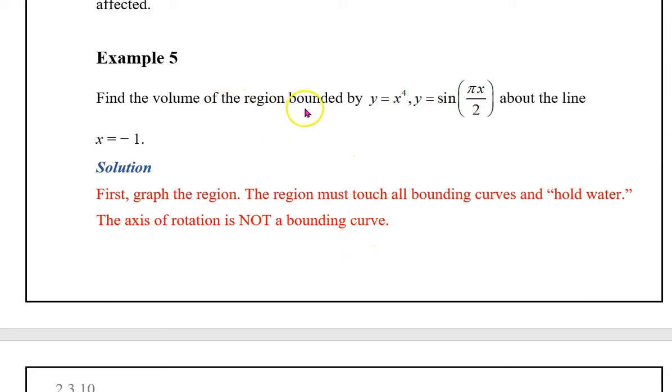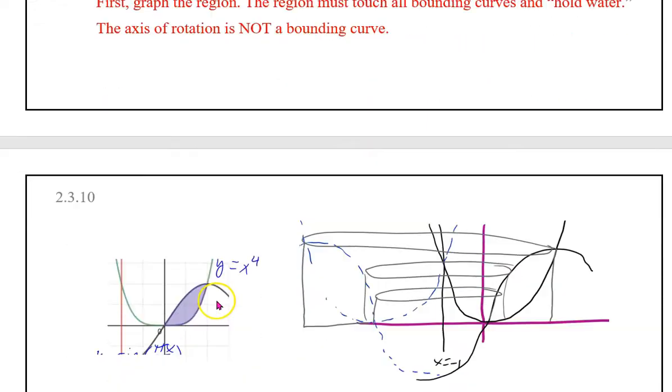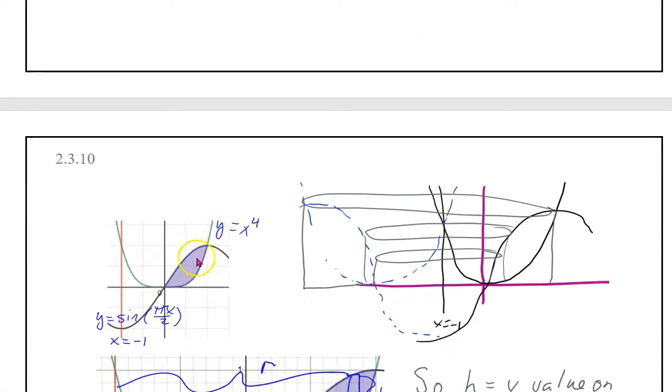We want the volume of the region bounded by these two curves, x to the fourth and sine of pi x divided by 2. When you graph those two, you see that it's this region right here in quadrant 1. It could have also been the region over here in quadrant 2, but in our case, we didn't want it to be negative, so we only took the region from quadrant 1.